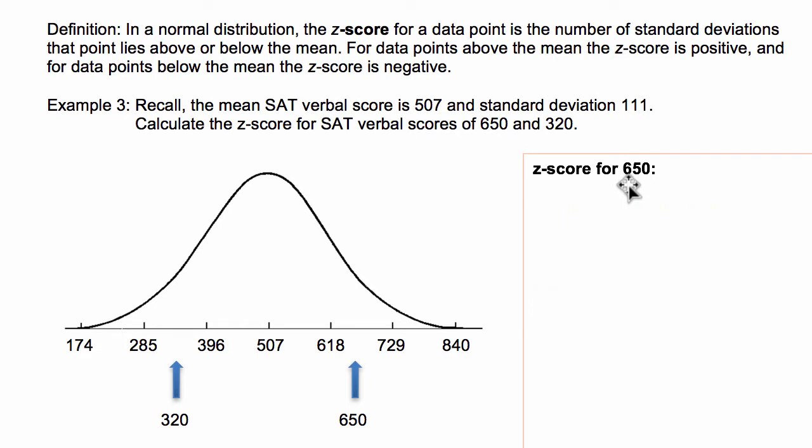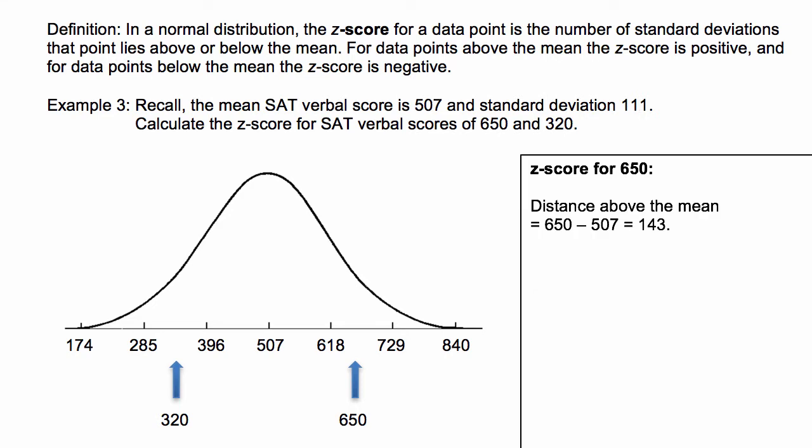We are trying to find out how many standard deviations 650 is above the mean. To do this, let's first find the distance 650 is above the mean, and then we will compare this distance to our standard deviation of 111 using comparing division.